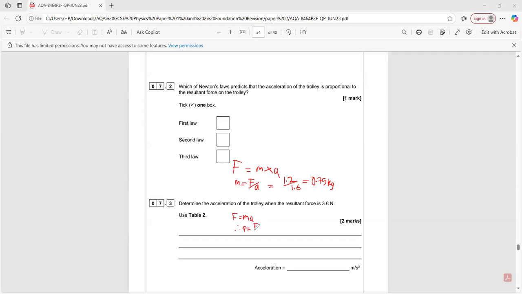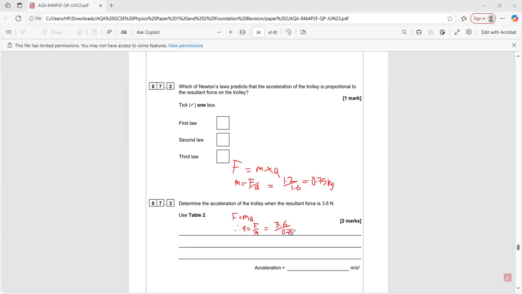F is the resultant force, which in this particular case is 3.6. The mass will not change since it's the same trolley, so that's 0.75.